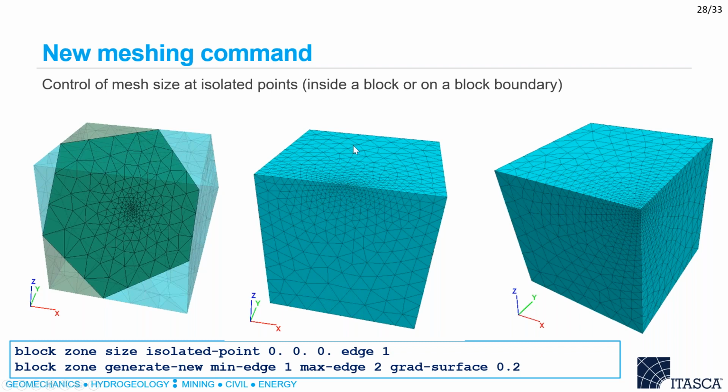We can also specify mesh size at a point on the corner or on the edge or inside a block. This can be done with the block zone size isolated point command.